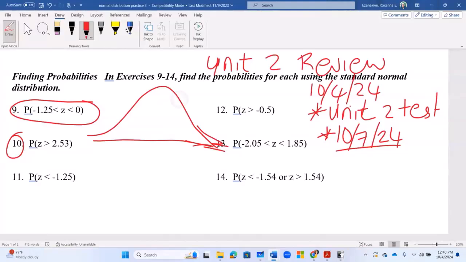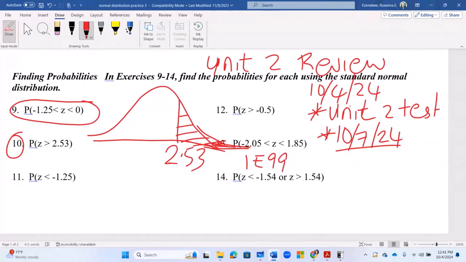2.53 is greater than the mean, so it's on the right hand side of the mean. This time I am looking for area to the right because they told me that z is greater than 2.53. And this tail is going to positive infinity, so I have 1e to the power 99.